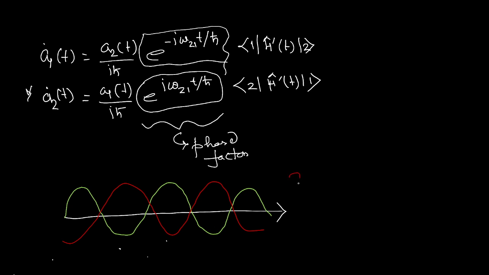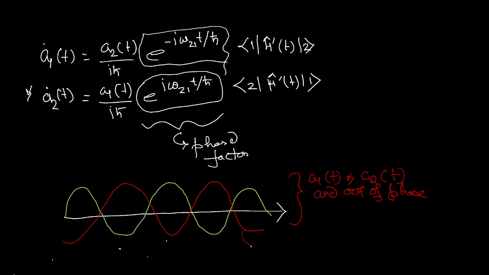So both A1 and A2 are out of phase. It can be expressed in some other way also, but that much is enough.